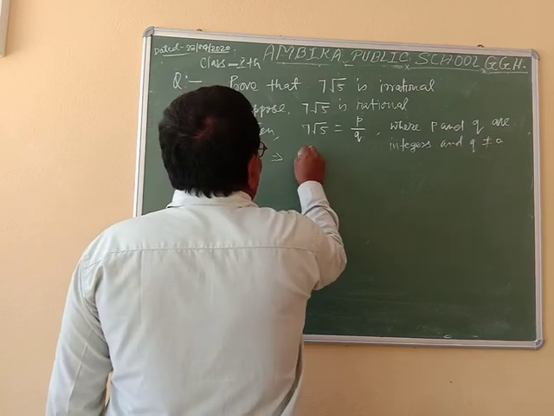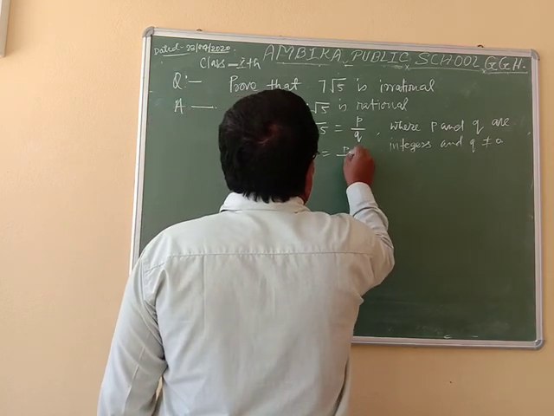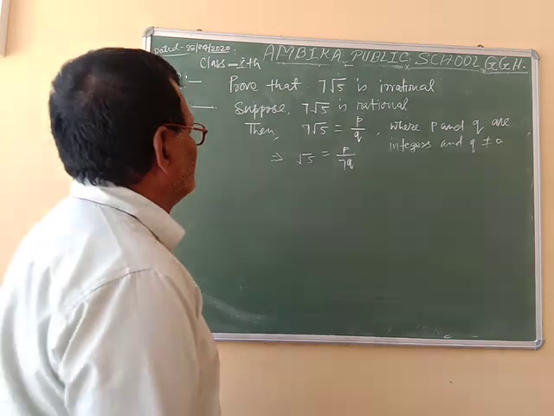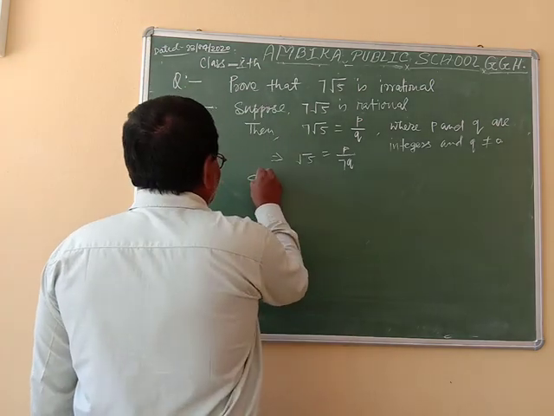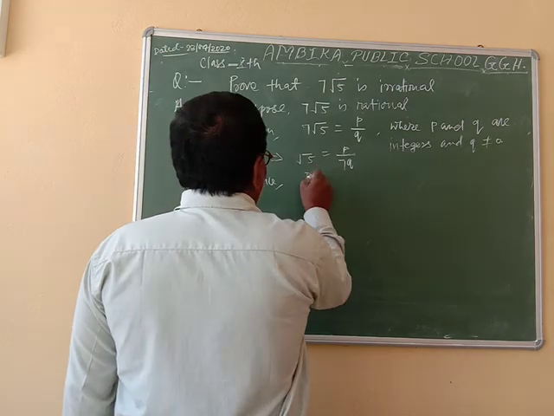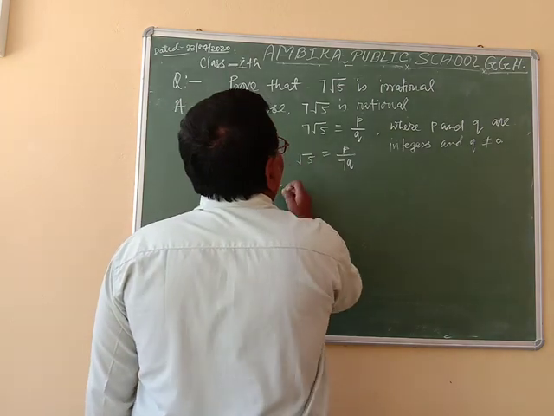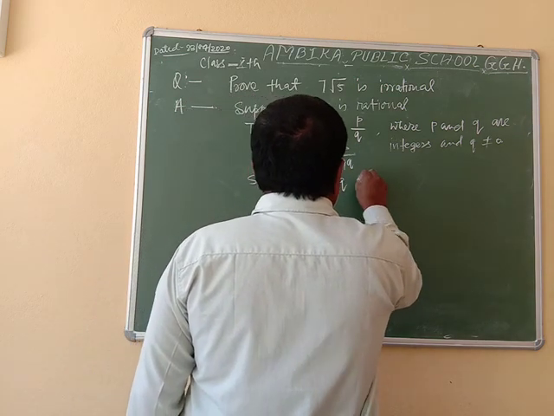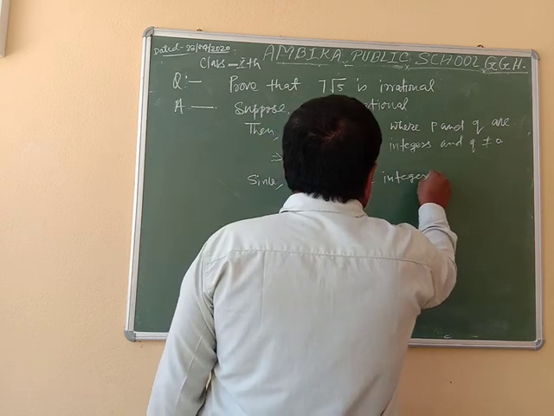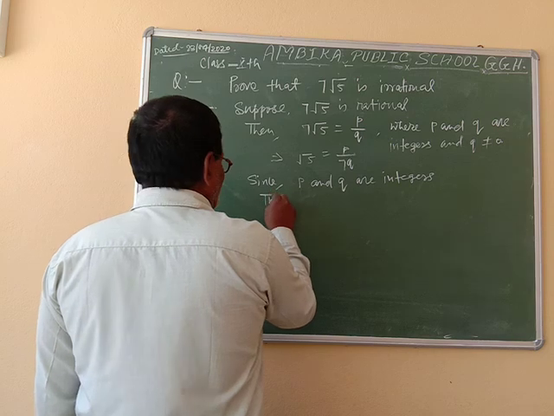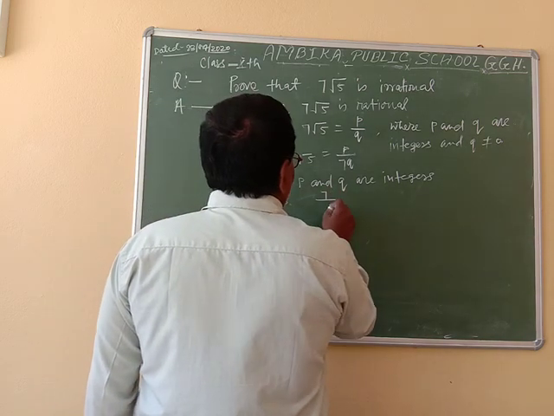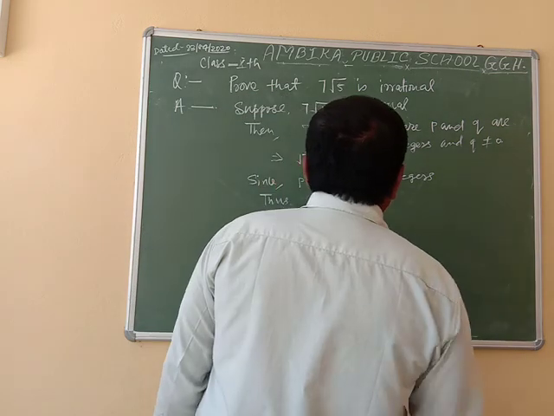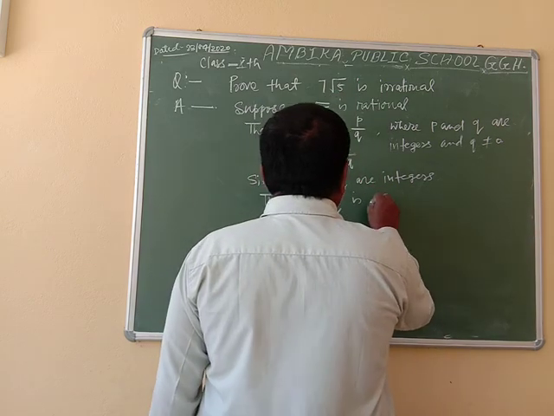Root 5 is equal to p by 7q. Since p and q are integers, thus p by 7q is rational.